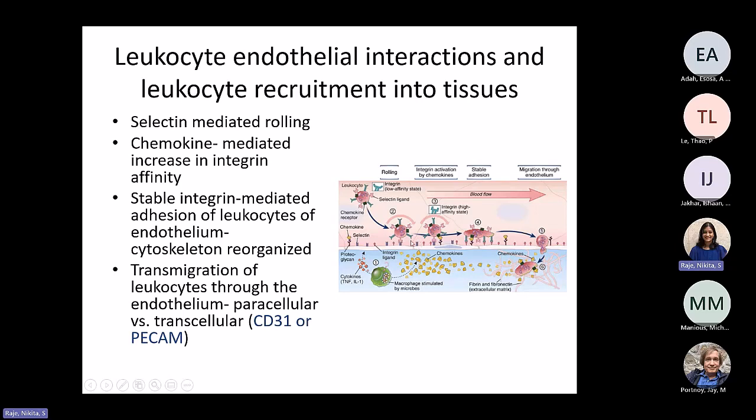The selectin ligands interact with the selectins on the endothelial surface, so that it's almost like attachment and then detachment pretty quickly, and then it attaches to another selectin as it moves along. So it starts rolling on the surface of the endothelium.